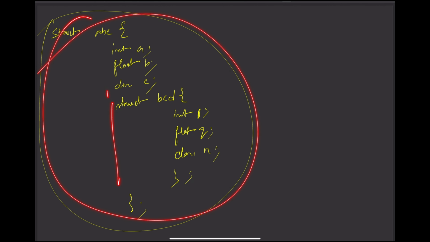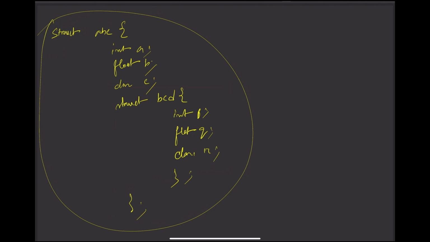Inside this entire structure, another structure is residing. That is how the nesting is coming up. And you can do the nesting multiple times. It's not like only 2 times it will be there.